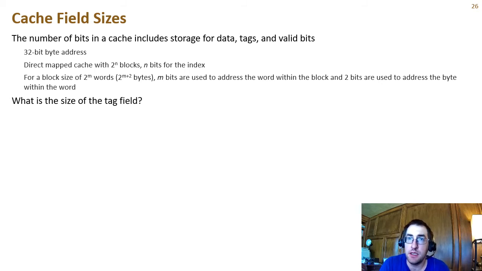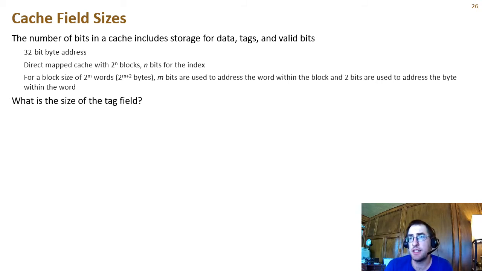So m bits are used to address the word within a block, and the least significant 2 bits are used to address the byte within the word. Sometimes you're going to see 2 bits or even 3 bits in an 8-byte word architecture reserved and called the byte offset. It's a little confusing, but I want you to be aware that you may run into that.